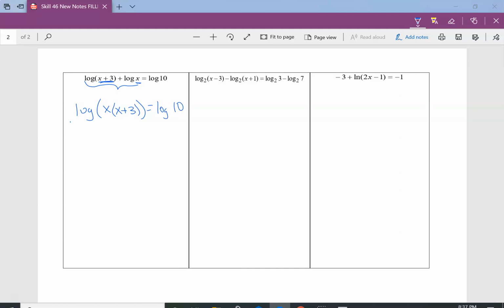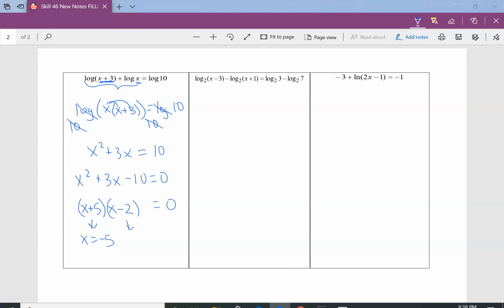Remember, this is a common log, so I'm going to do 10 to both sides. And I get x squared plus 3x, that's me distributing, equals 10. x squared plus 3x minus 10 equals 0. I can factor this. Let's see, x plus 5, x minus 2. This gives me x equals -5, and this gives me x equals 2.